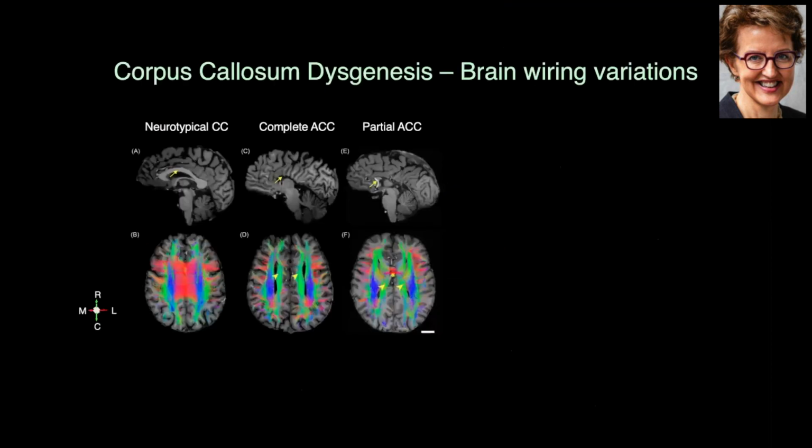But just a little bit more on the structural brain phenotype of corpus callosum dysgenesis. There really are all sorts of brain wiring variations in these disorders.